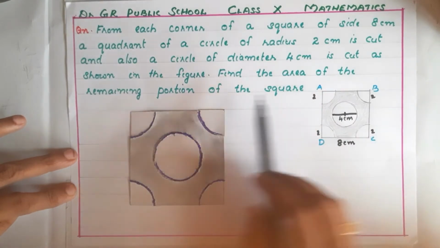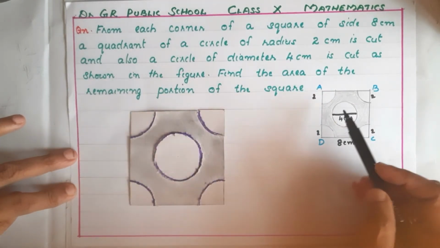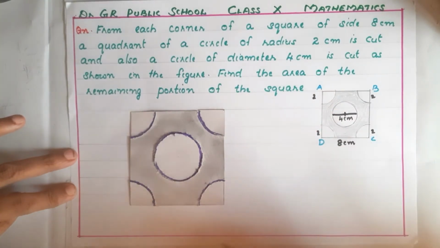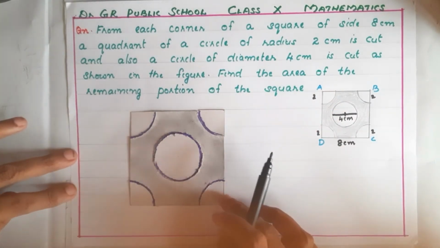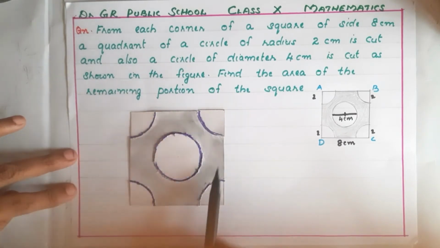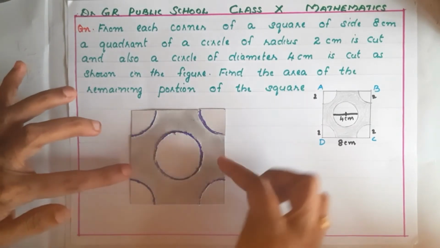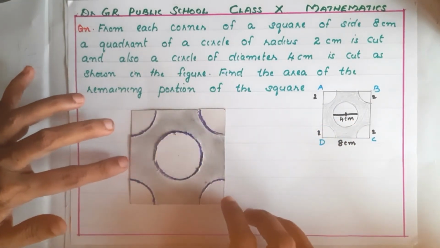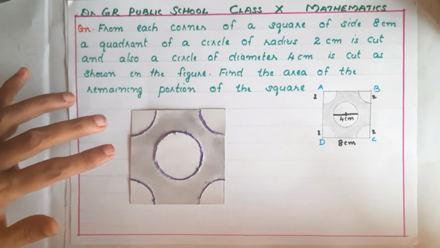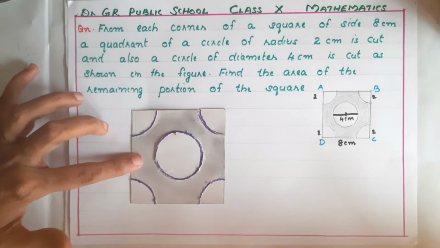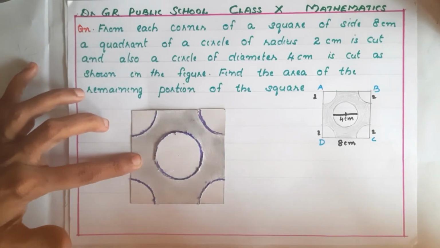That also has been taken from this square. Our question, find the area of the remaining portion. Did you see the remaining portions? It is shaded. Okay. So look at this. This is the square and what is given? From each corner, the quadrants. You know, quadrant means 1/4 of a circle, isn't it? That we have discussed in the section of area of sector.